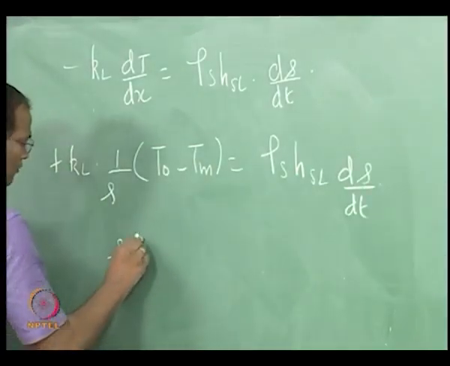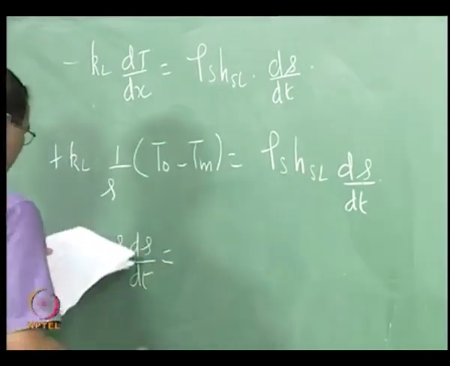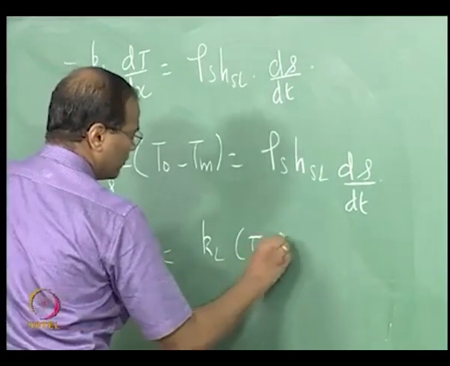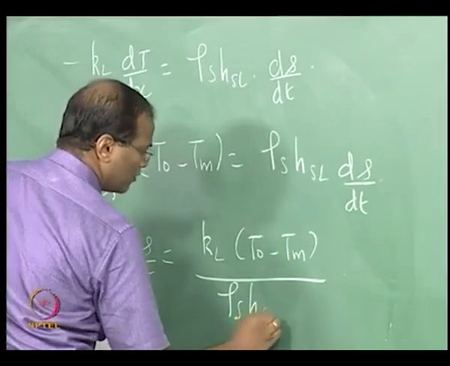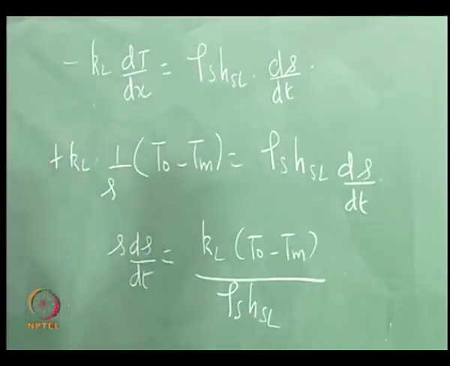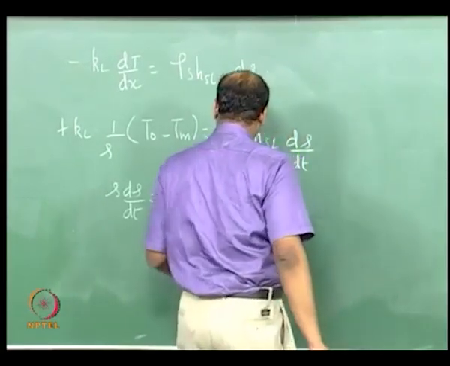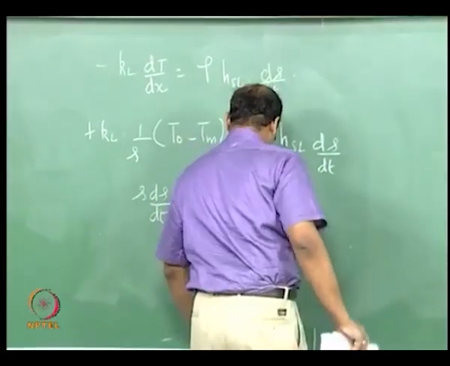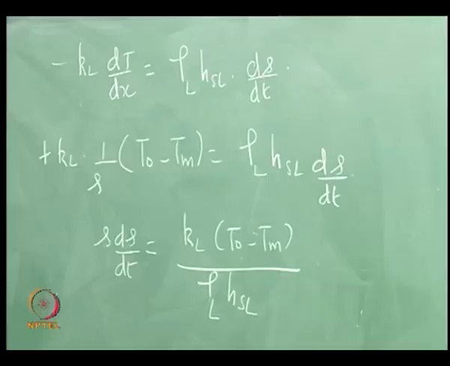Therefore, S dS by dt is equal to KL, rho S, what is it? Is it rho L? Yes?